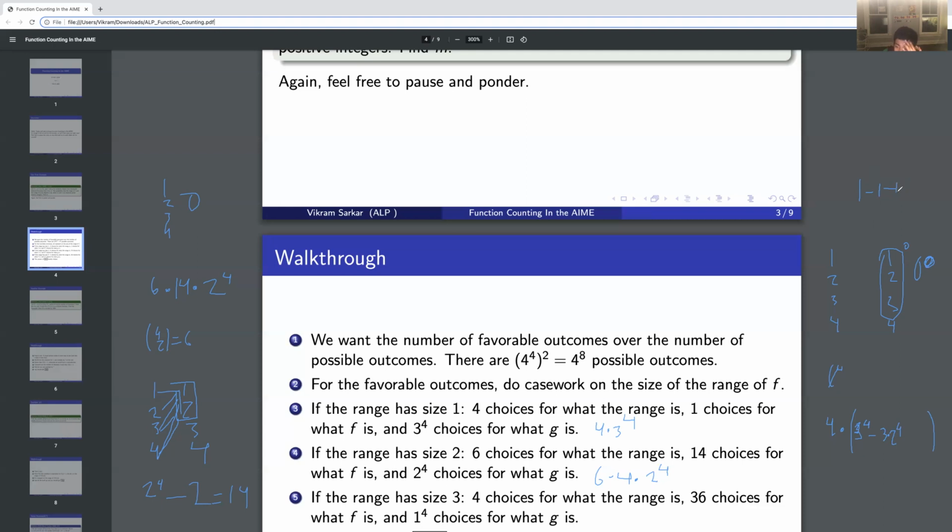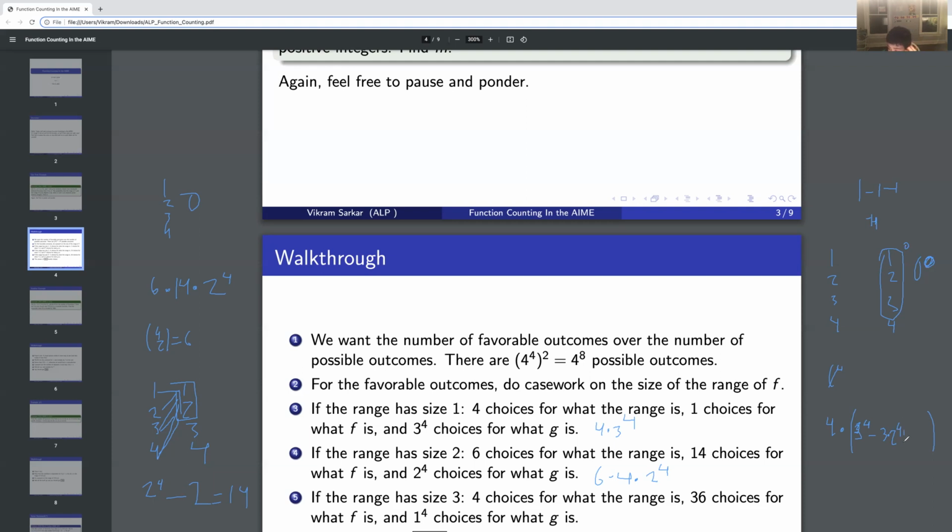So wait, what am I doing again? Hang on. 1, 2 case once. And oh yeah, but we don't want to include this. That's why we add 1 to it.